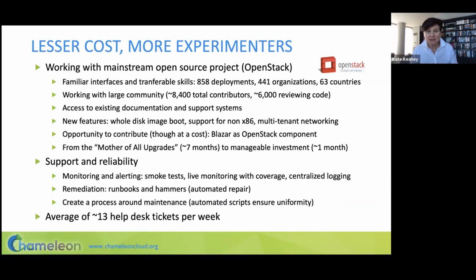Support and reliability. We have streamlined monitoring and alerting. So we've got, of course, smoke tests, but we also have live monitoring with coverage and centralized logging, right? So we run something called Prometheus, which I think is standard in most systems.